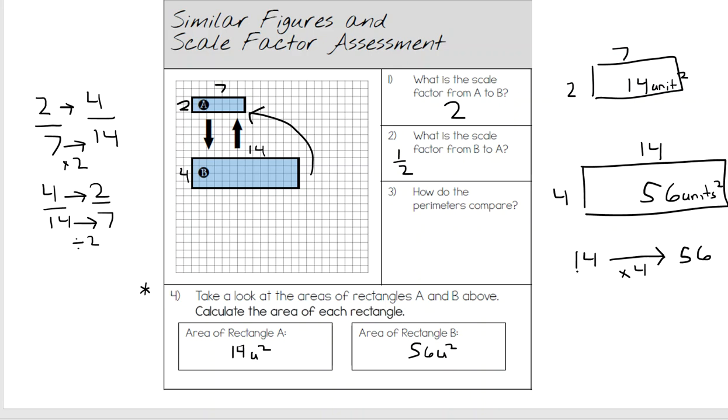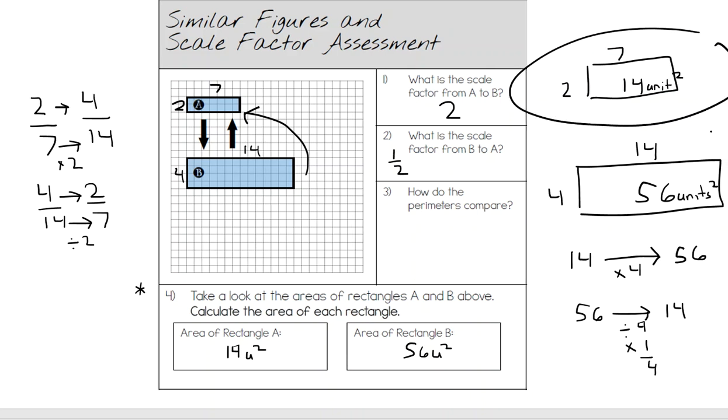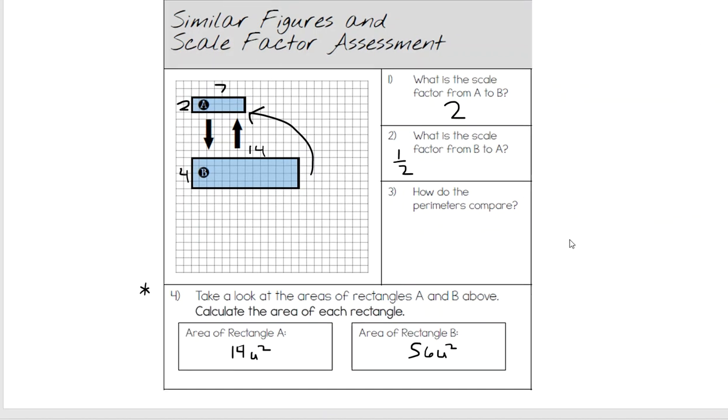Okay, so to go from 14 to 56, we times by 4, and to go from B to A, we divided by 4, which is the same thing as multiplying by 1/4. So the area of this one is 1/4 the size of the area of this one. Okay, so let's just review all of the things that we just did here, okay?